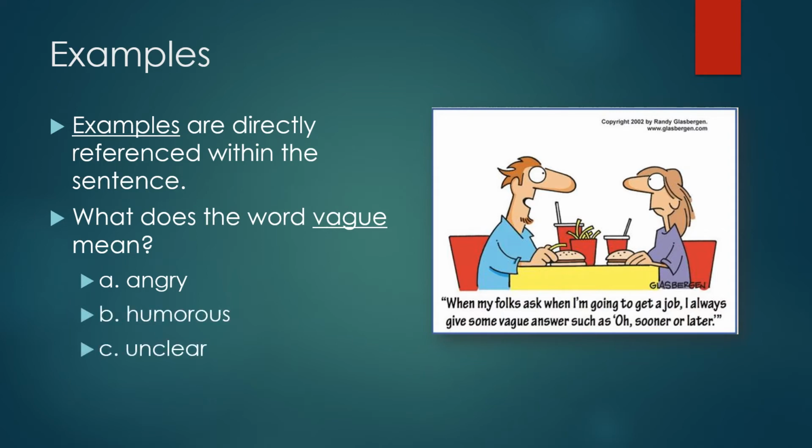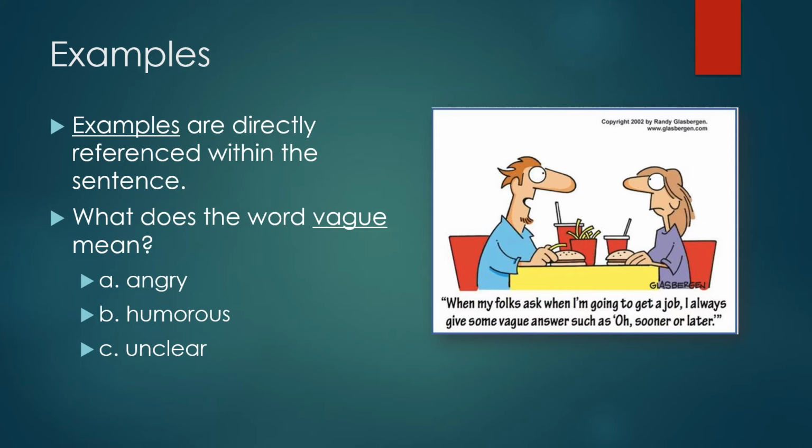So what we've got here, the words such as in this sentence act as a signal that we're about to get an example. These are called signal words. If we're given a signal phrase or signal words that say such as, that tells us we're about to be given the answer through an example. So if someone gives you an answer of sooner or later, it's unclear, right?